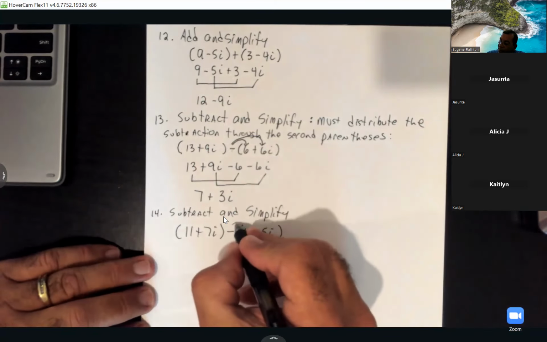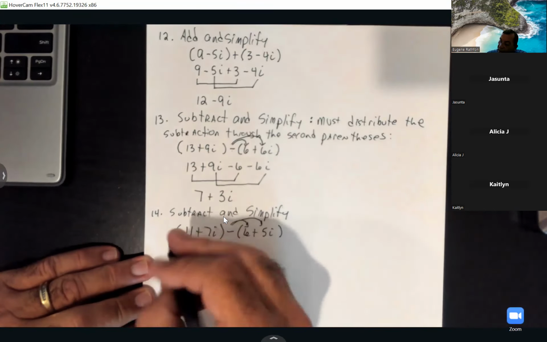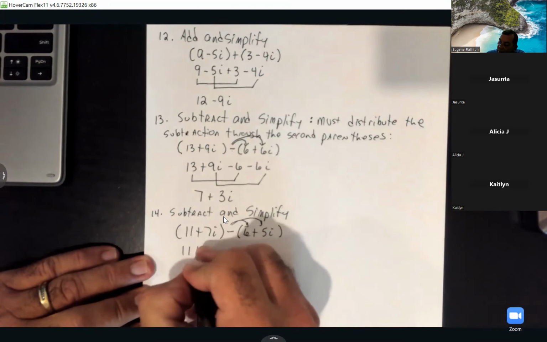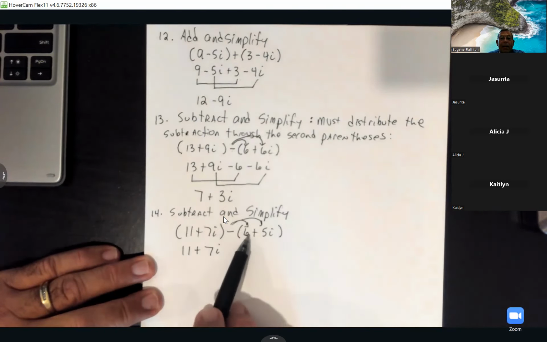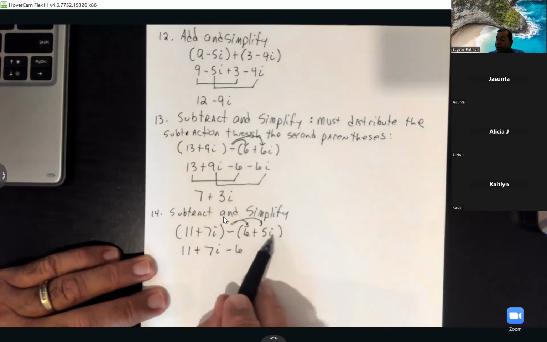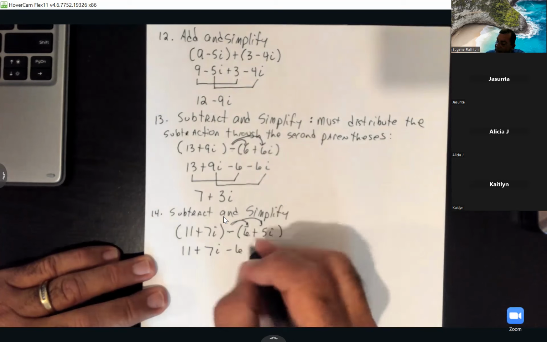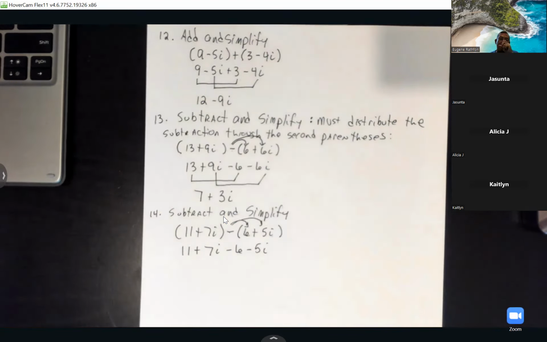All right, so I'm going to distribute that subtraction again. So bring down the first parentheses, 11 plus 7i. Negative times 6 is a negative 6. Negative times a positive 5i is a negative 5i. So once you get it out in parentheses, after distributing that negative, add like terms.